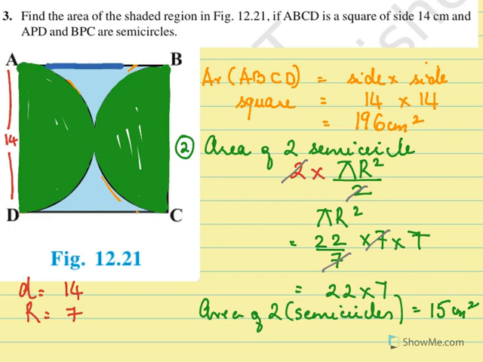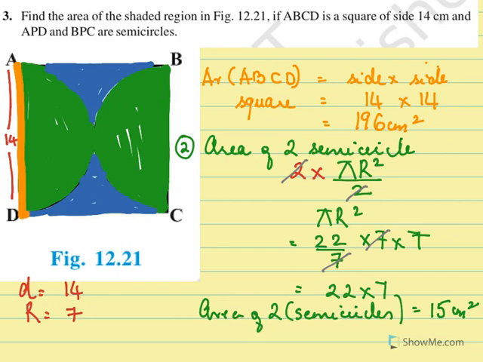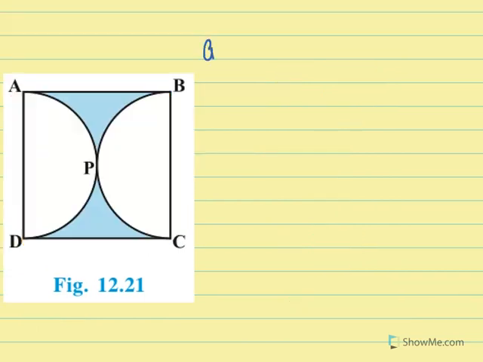Now to find the area of the shaded region, you'll definitely agree this shaded region, which we need to find, is this shaded region plus this shaded region. To find this blue area, we have to do area of this full square minus the 2 semicircles.